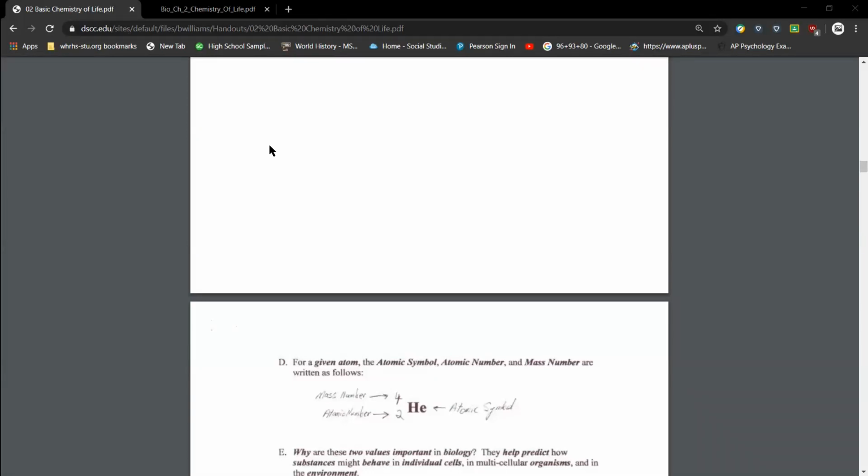So, if our mass number is 1 and we have 1 proton, then we're going to have 0 neutrons, because protons plus neutrons should be equal to the mass number. Now, for electrons, you have to think about the charge. If we have 1 proton and 0 neutrons, then the charge is going to be +1.